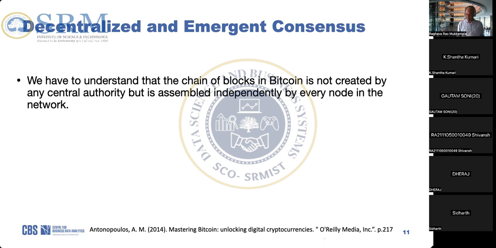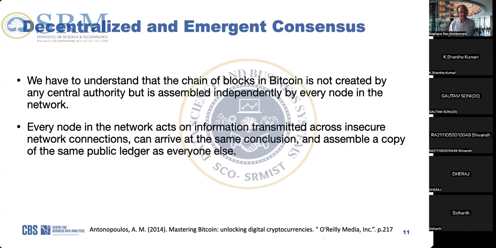All the nodes will come to the same final state. Every node in the network acts on the information transmitted across an insecure network connection. Sometimes you can have network disruptions, but based on the information transmitted in the network, they will arrive at the same conclusion.